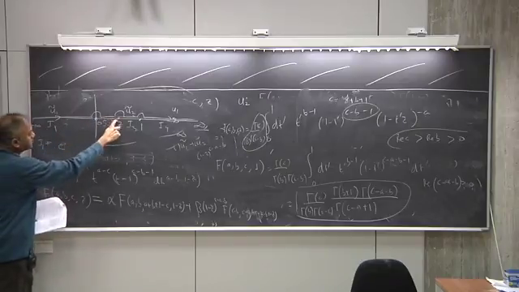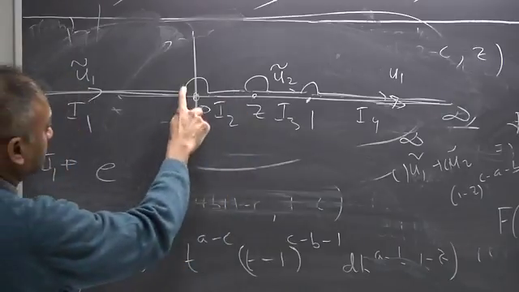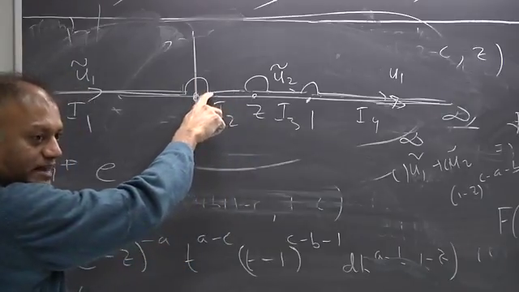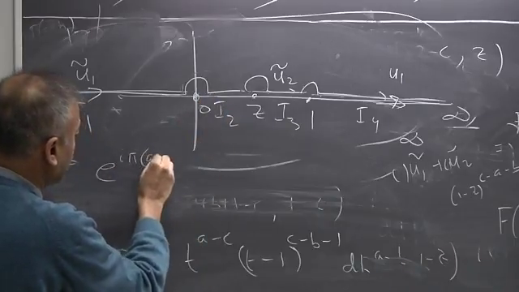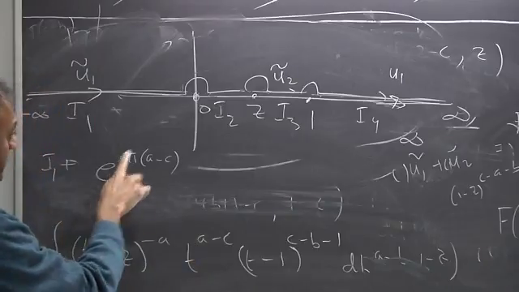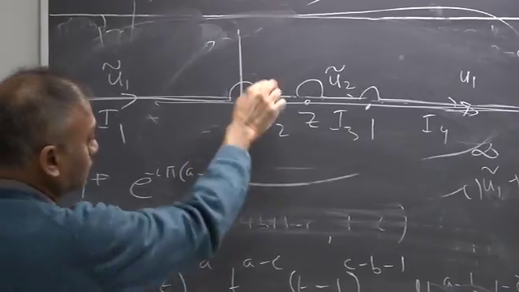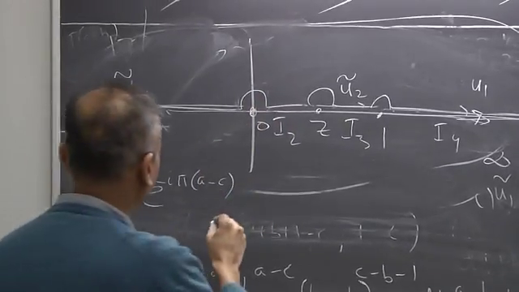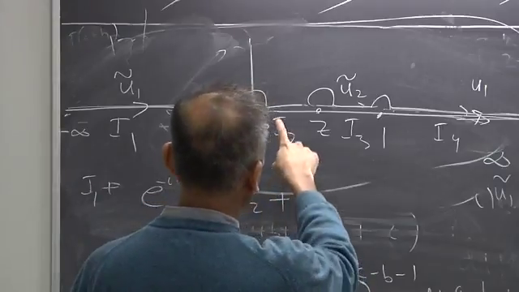Then when I come here, you get I2, but now you have to look at t equal to 0. I'm going around the t equal to 0 branch point, right? So I will get e to the power of minus i pi (a minus c). I pi, not 2 i pi, because I'm only going pi angle. Minus i pi, because clockwise. Okay. Times I2 plus, now I go around t equal to z.